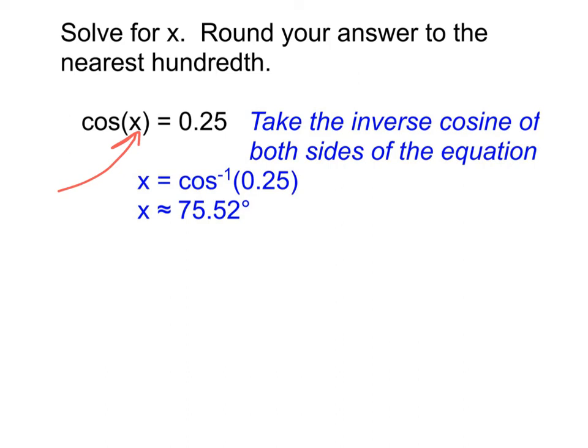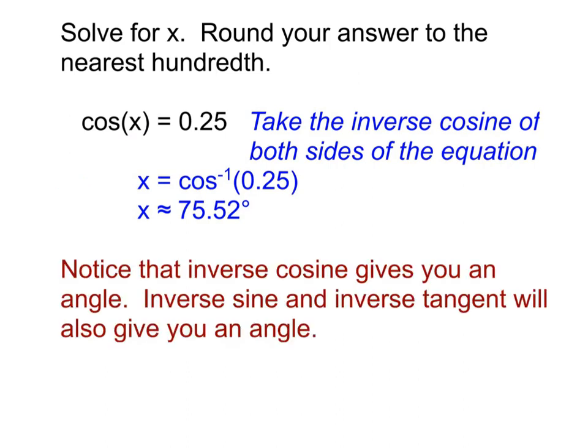And so every time I do inverse cosine, inverse sine, or inverse tangent, I'm going to get an angle as an answer. Now that's not a huge concept to be memorizing and focusing on. I want you instead focused on the algebra that was involved here. However, it's going to become a bigger and bigger issue as we go forward, so I'm letting you know now so that it'll come back repeatedly.